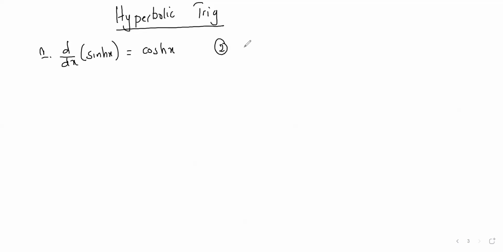hyperbolic trig. One, the derivative of the hyperbolic sine is simply the hyperbolic cos. The derivative of the hyperbolic cos is the hyperbolic sine.